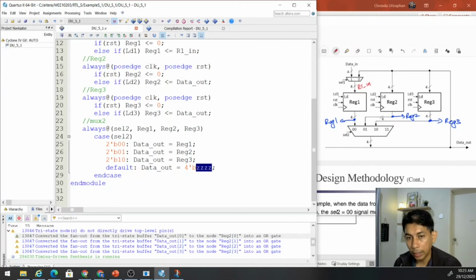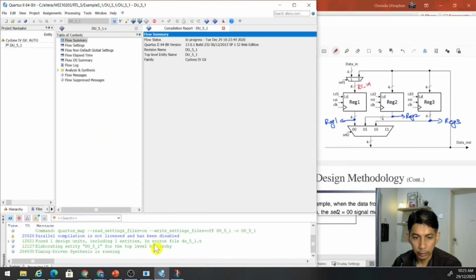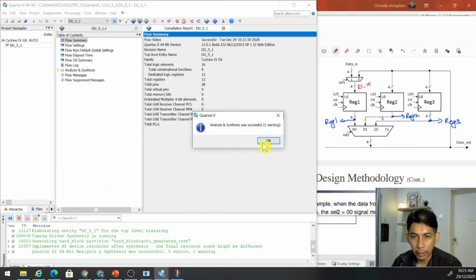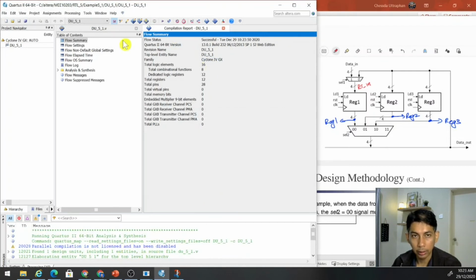So let's say if we put this as don't care or 0, it should be no problem, because it directly creates this multiplexer. We can see that there is no error or warning anymore, only the license warning, so it should be no problem.